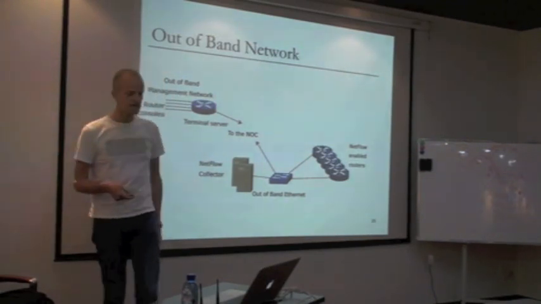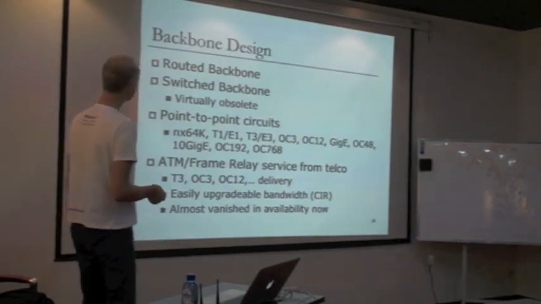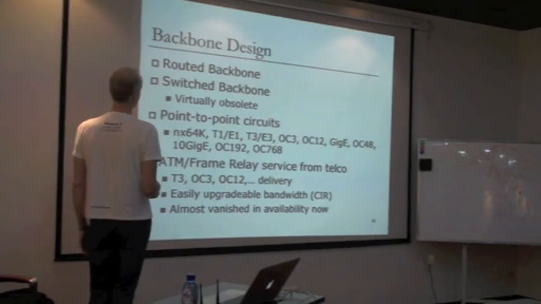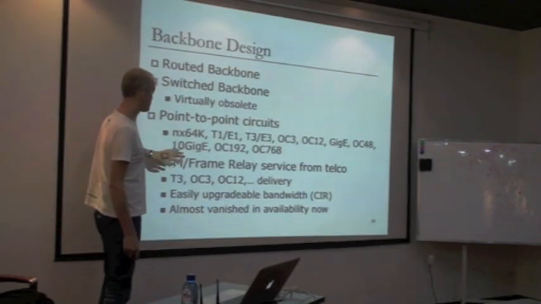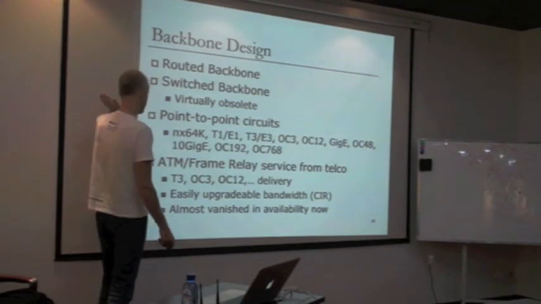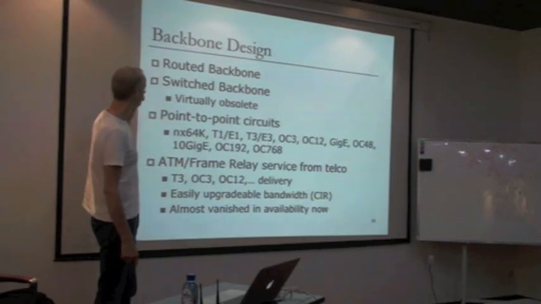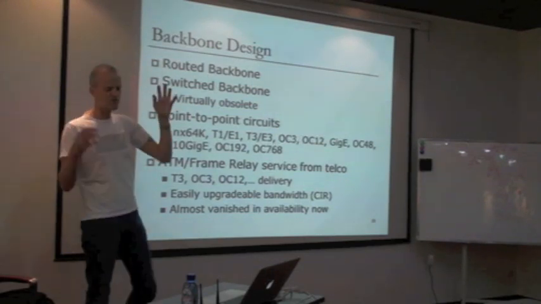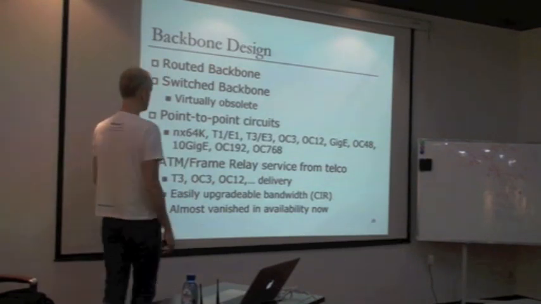Okay. So looking at the backbone design, routed backbone is what's very, very common nowadays. Switch backbone is obsolete. ATM frame relay has pretty much disappeared now. So routed backbone is what we have. So routers are the infrastructure connecting by a variety of media types.